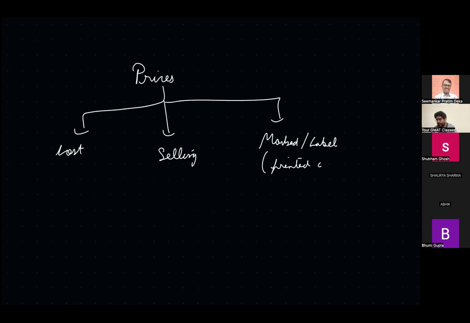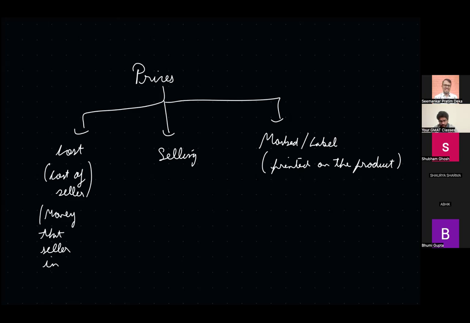The price that is printed on the product. Cost is cost of seller. Like how much money did the seller invest? Money that seller invested. Selling price, final transaction value.